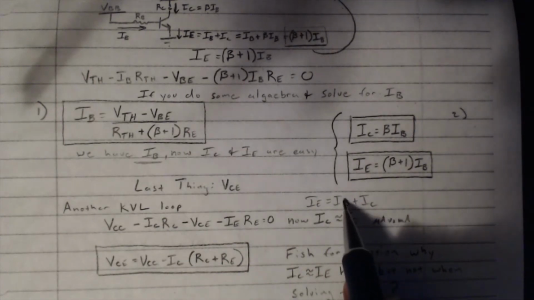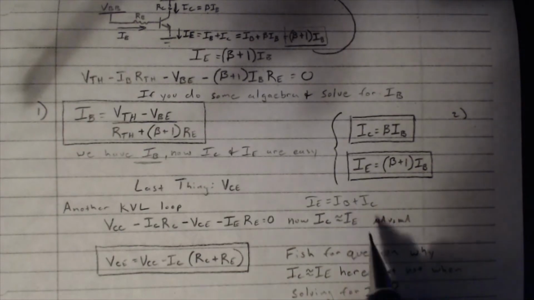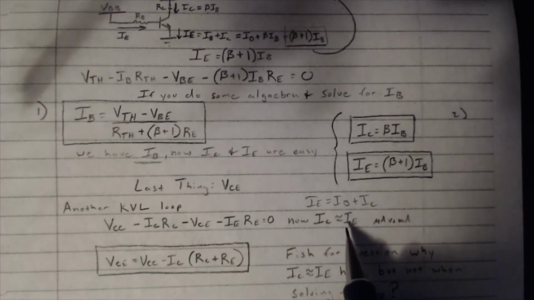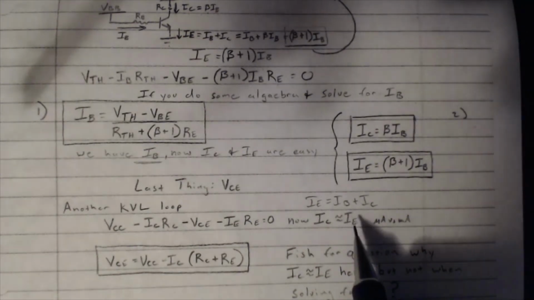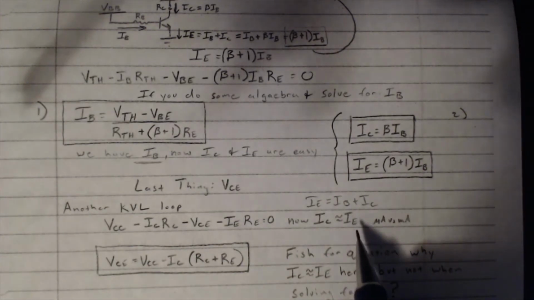So with this being microamps and this being milliamps, we can in this specific case not worry about it, right? We can just say that the collector current is approximately equal to the emitter current.